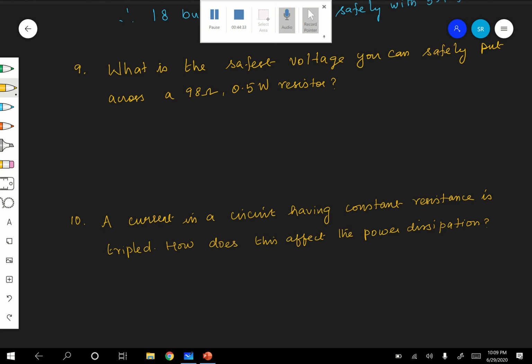R is given. Therefore, R is equal to 98 ohm and P is equal to 0.5 watt. You know that P is equal to V squared by R. They are asking for the safest voltage, V.